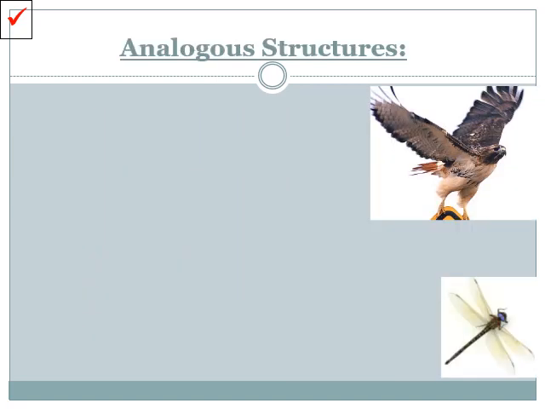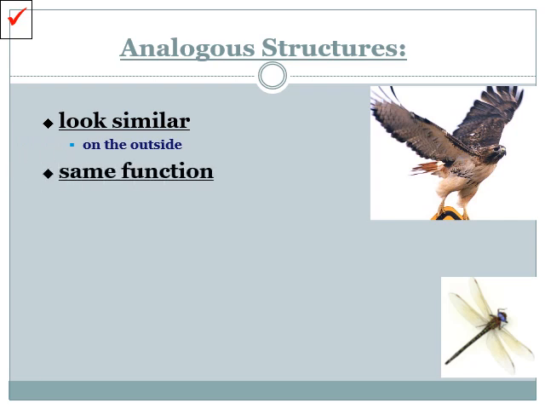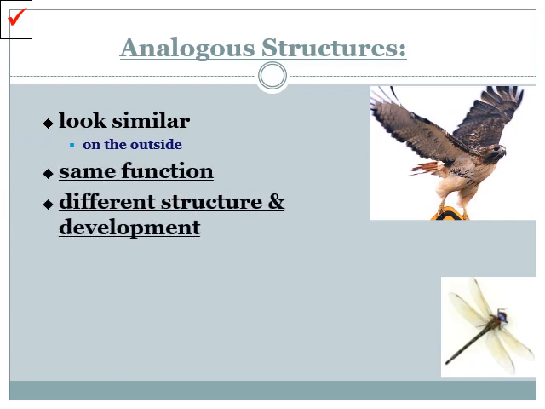Now, the next bit here are analogous structures. Even though analogous structures look similar on the outside, and even have the same function in most cases, they have a different structure and different development on the inside.